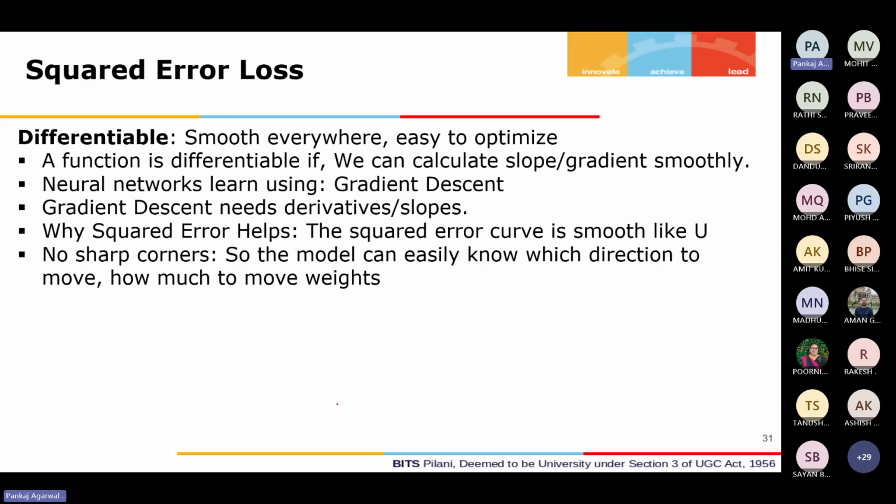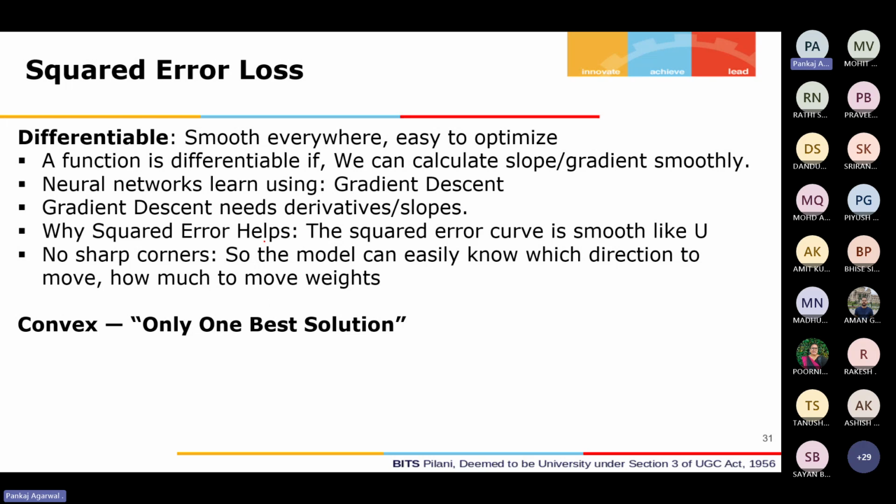Whenever you apply squared error loss, you would always get a U kind of curve, which is very smooth, and it always gives you direction, which direction I have to move. And obviously, I have to head towards the direction where I can get the minimum value. So it supports us very nicely in terms of what we wanted, right?